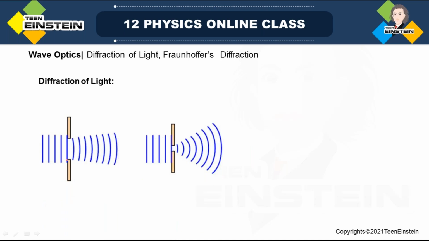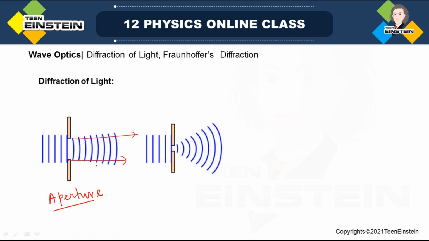Look, this is called an aperture. Aperture means small opening. See here, the aperture is wide open. When it is wide open, light almost goes in a straight line.